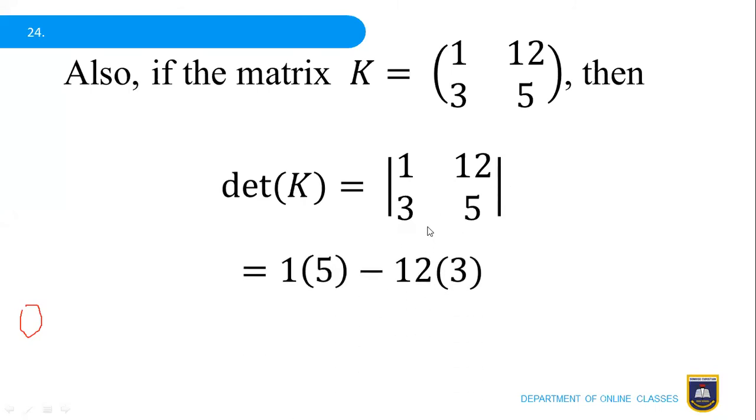That will give us 1 times 5 minus 12 times 3. So we get 5 minus 36, and 5 minus 36 will now give us negative 31. That is the determinant of the matrix K.